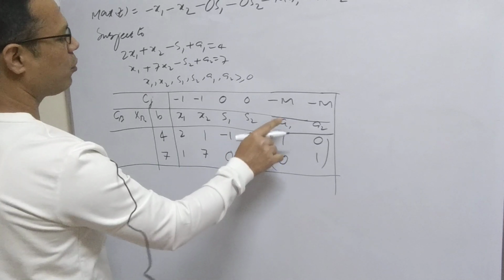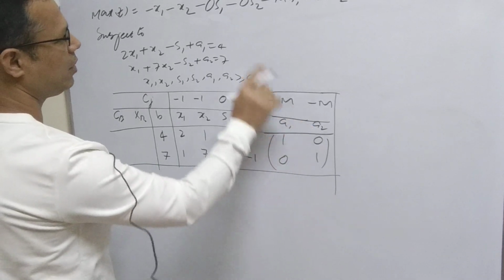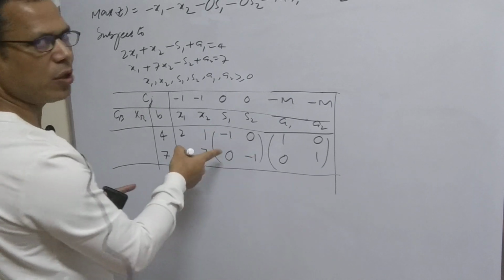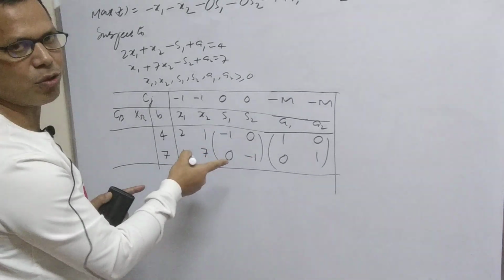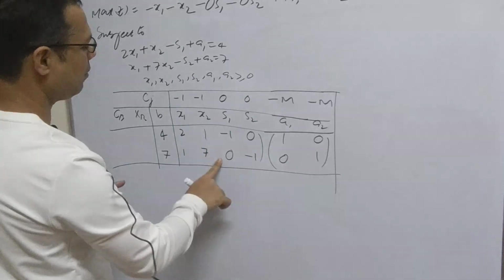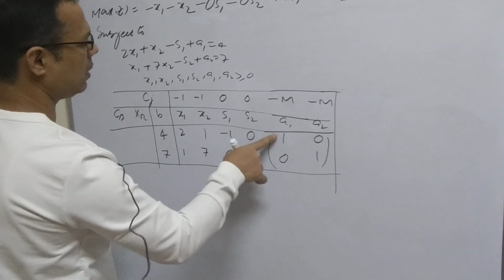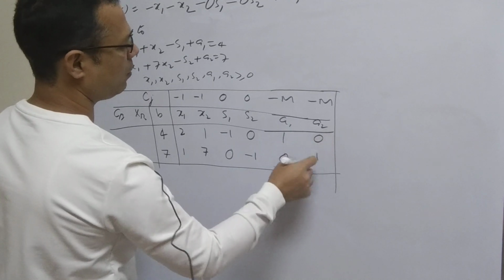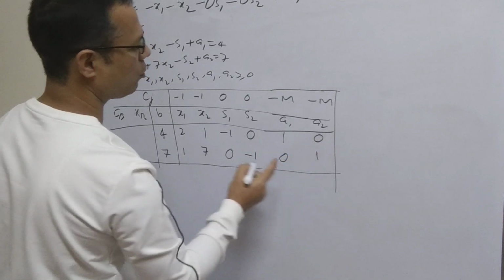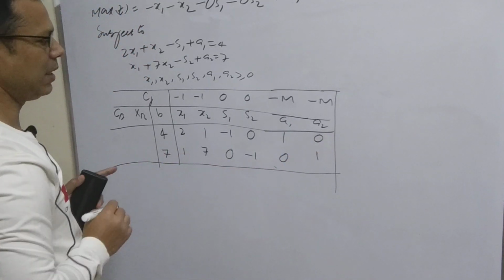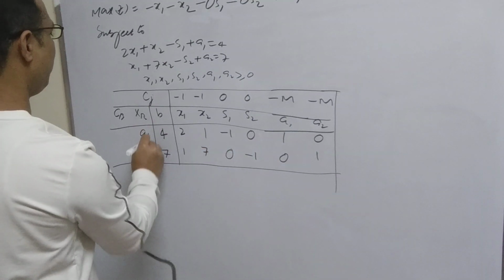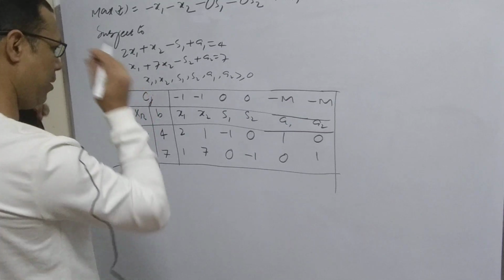If you don't consider a1 and a2, would s1 and s2 give you the unit matrix? No, because the negative sign doesn't make them part of the unit matrix. In a unit matrix, values must always be 1 and 0. So initially we consider a1 and a2 as basic variables.